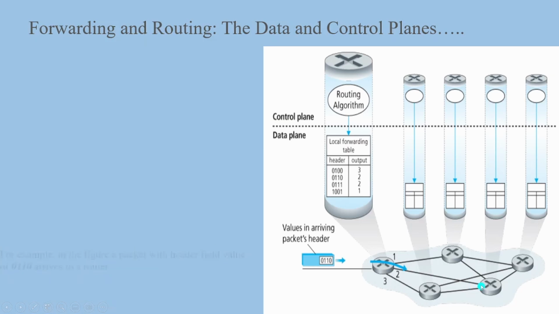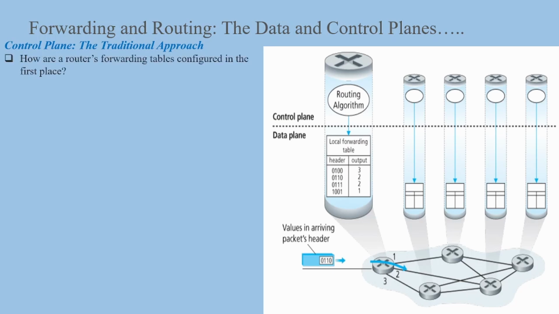Now let's see the traditional approach of routing, because there are actually two types of approaches for routing. So the first one is the traditional approach. So here are the routers' forwarding tables configured in the figure. So the question is, how are routers' forwarding tables configured in the first place? This is a crucial issue, one that exposes the important interplay between forwarding in the data plane and routing, which is always in the control plane.